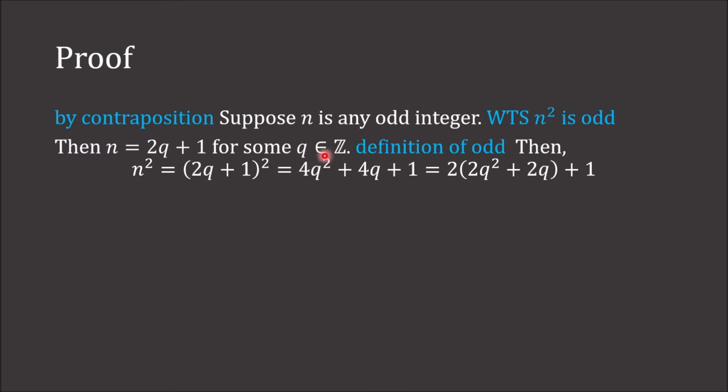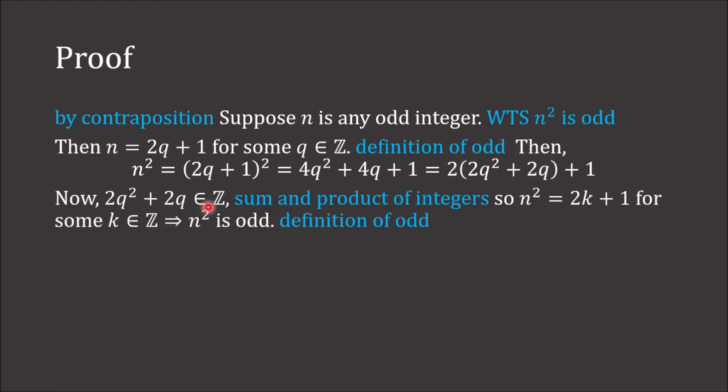We can factor a 2 out of these first two terms, all plus 1. But 2q squared plus 2q is the sum and product of integers, and so it must be an integer. So n squared is 2 times an integer k plus 1, which means by definition n squared is odd.